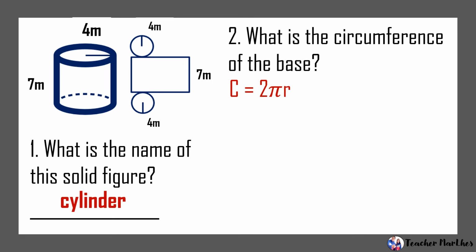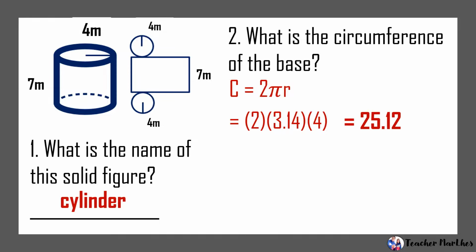So, we will use the formula in finding the circumference of a circle. So, ang formula ay 2 pi radius. So, substitute lang natin yung value ng radius sa formula. So, we have 2. Then, the value of pi is 3.14. Then, ang radius sa cylinder ay 4 meters. So, i-multiply lang natin lahat.